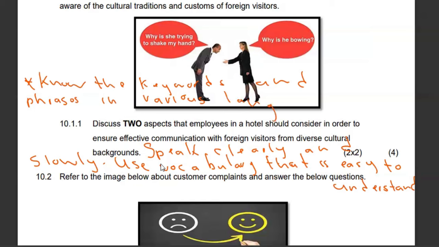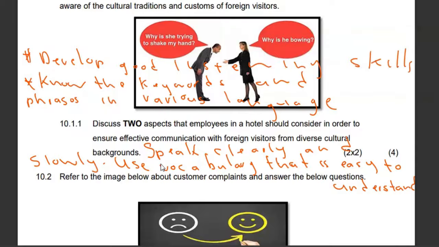For example, Tumelang, Sanivonan. All those are basics in different languages. Then develop good listening skills. You must be a good listener. Develop good listening skills.